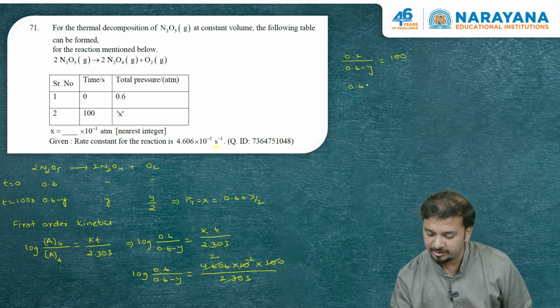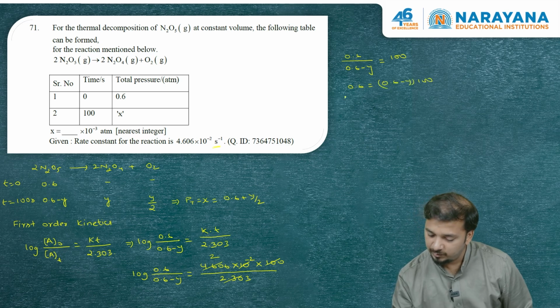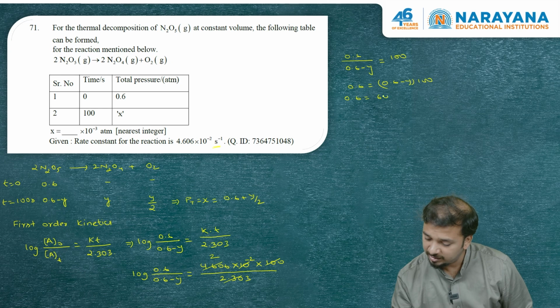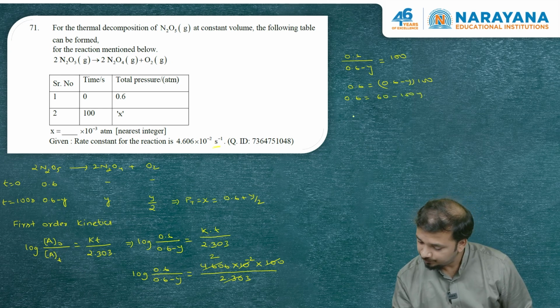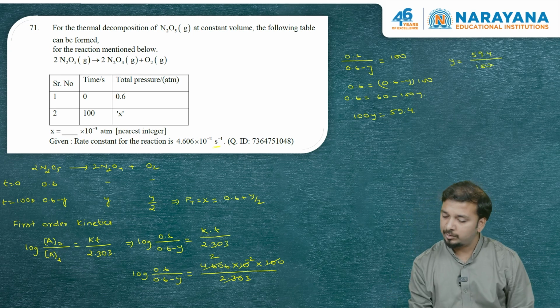So we'll get 0.6 is equal to 0.6 minus y times 100. So we'll get 0.6 is equal to 60 minus 100y. So on simplifying, we'll get 100y is equal to 59.4. So y will be equal to 59.4 divided by 100. So this is our total pressure.